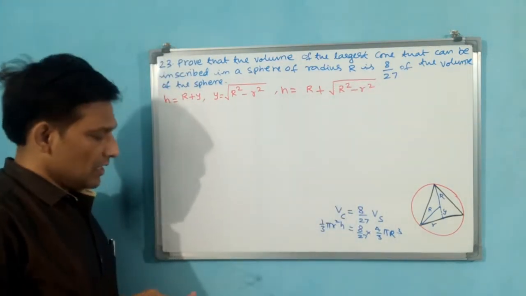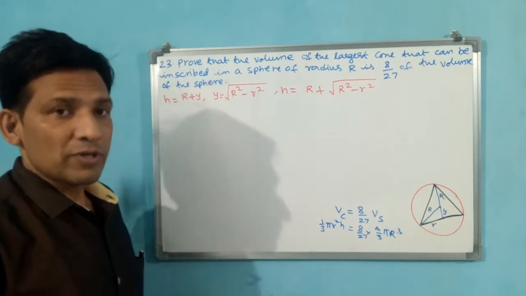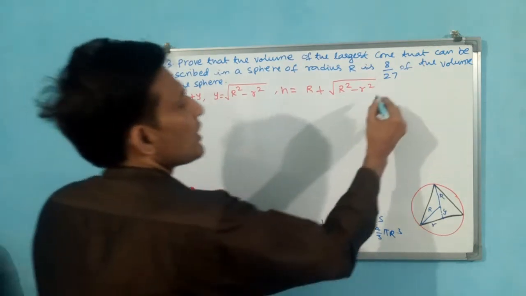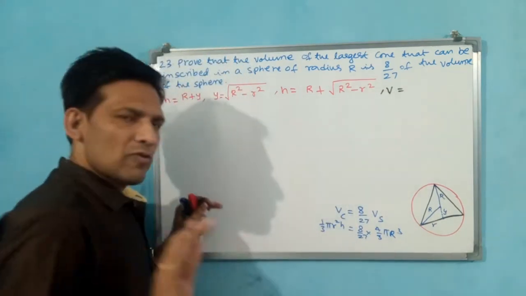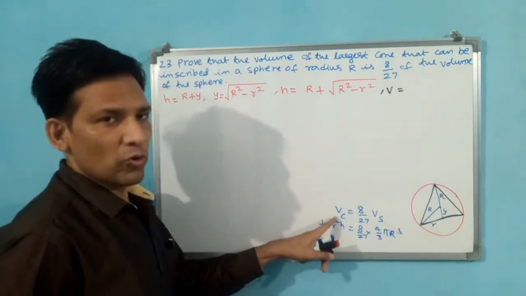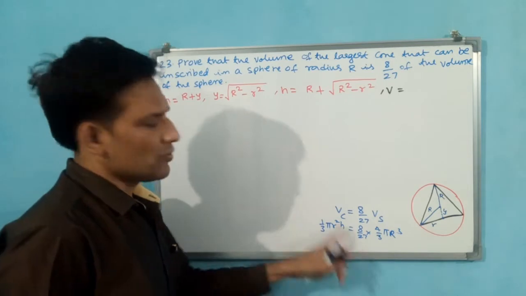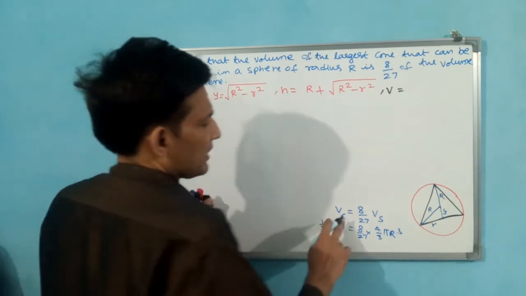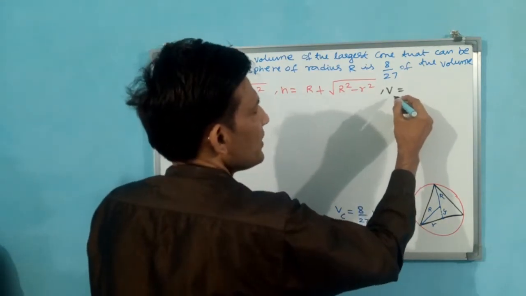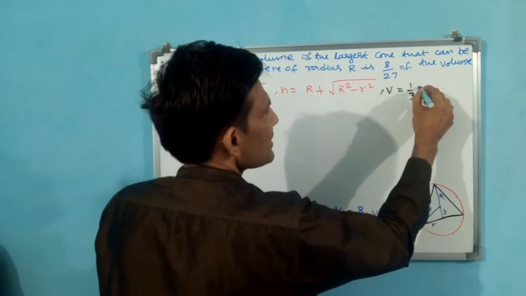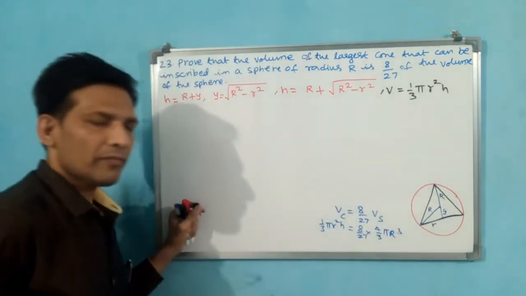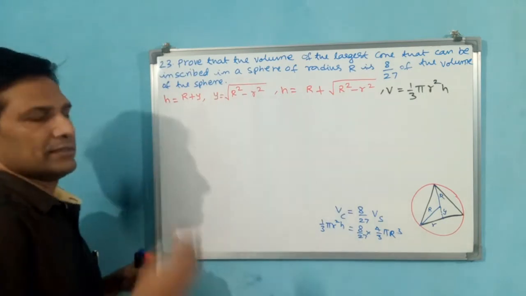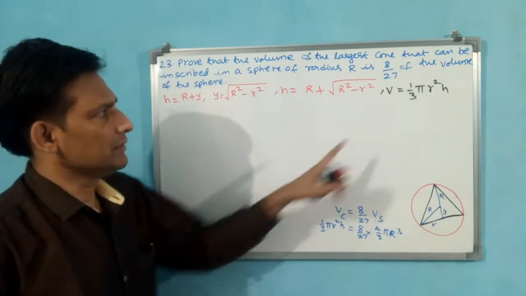Now you come back and proceed for volume. Write the volume formula: volume V is equal to... Now we are doing the volume of the cone only. The volume of the sphere we are not doing; finally we will get it. Volume of the cone V is equal to 1 by 3 pi r square h, pi r square into h divided by 3.